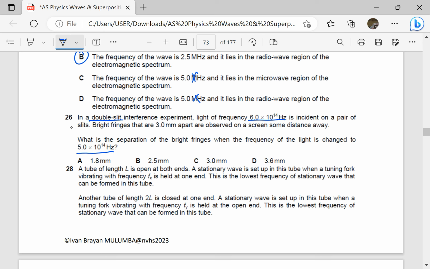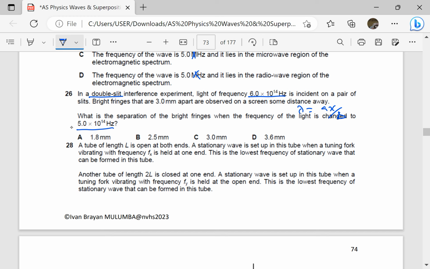Since it is a double slit, you must be noting that lambda is equal to AX divided by D. So what is the separation of the bright fringe when the frequency of the light is changed to that?